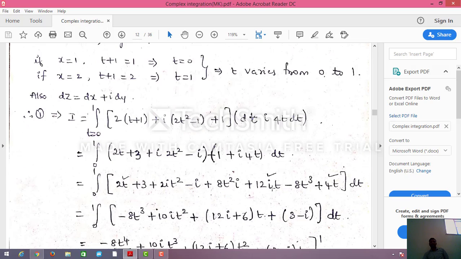We will simplify this. First I have written the minus 8t cube term. Next, 8t square i plus 2it square is 10it square.